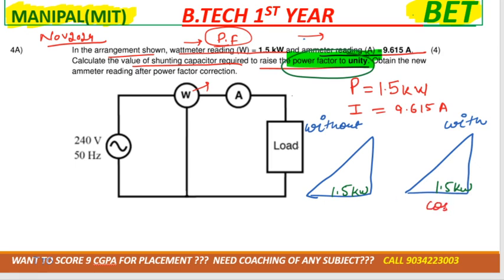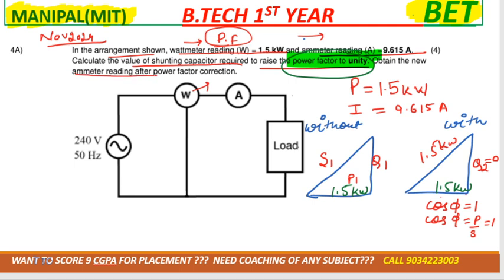So we can consider cos phi is equal to 1 after improvement. As you know, cos phi is equal to P by S, and that is equal to 1. So this is 1.5, so this one would also be 1.5 kilowatt. Yes or no? That means Q2 is equal to 0, right? So this one is P1, this one is S1, this one is Q1.